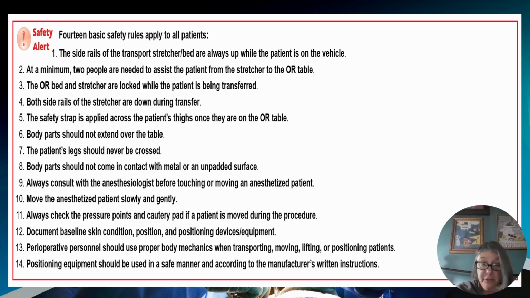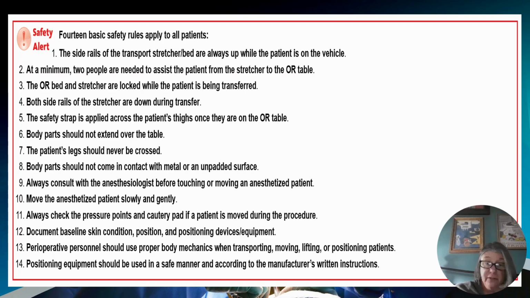OR bed and stretcher are locked when patient is being transferred. Yes, please do that. There is nothing worse than transferring a patient and your bed or your gurney starts to roll on you. Spoken from experience.